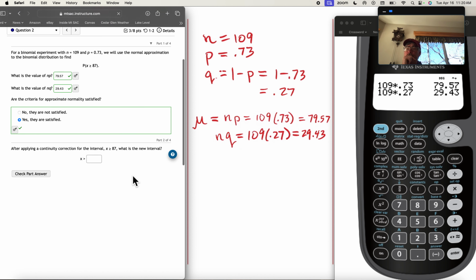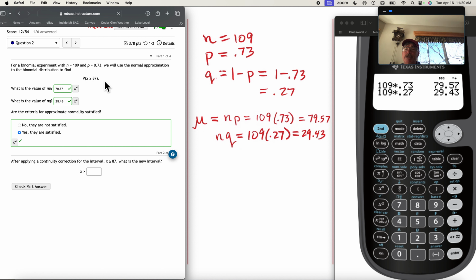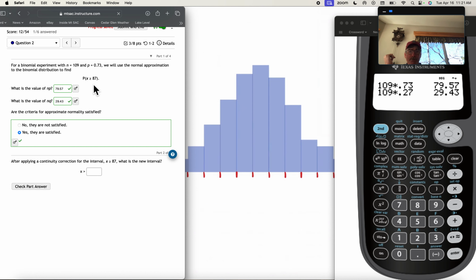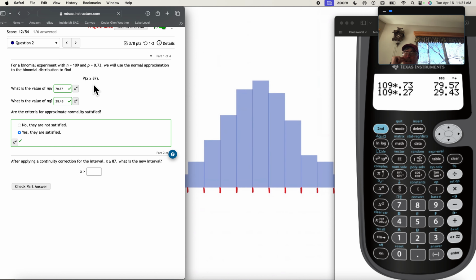And now, we're trying to find the probability that x is greater than or equal to 87. Now, the mean is about 79 or 80 here. And so I thought the best way to describe this would be just to give you a little sketch of this. So I'm going to scroll down. I put a little histogram here. And I've got the mean of 79.57.